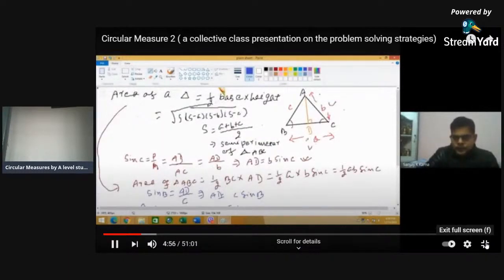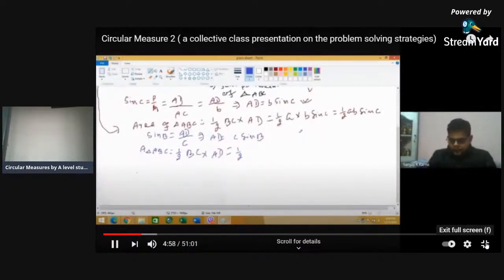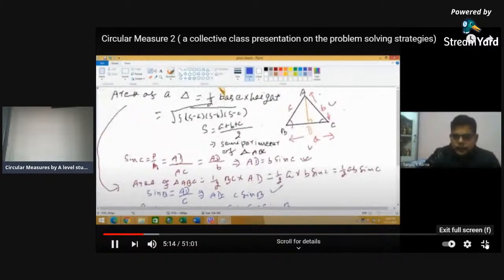From this part, you can substitute for AD, so AD equals c sine B. This is half ac sine B, the sine of the angle between the sides of lengths a and c. You can see here that B is the angle between the sides of lengths c and a.